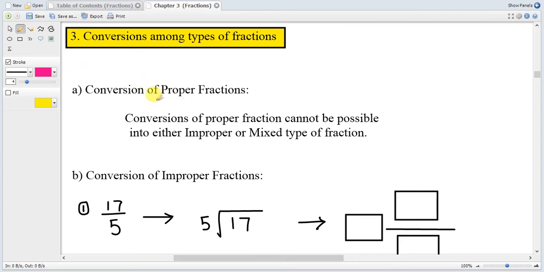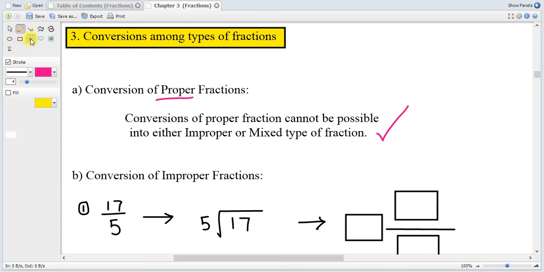The first type of fraction is proper fraction. Whenever someone asks you, can we convert a proper fraction, your answer is, we cannot convert a proper fraction into either an improper or mixed fraction. Why?